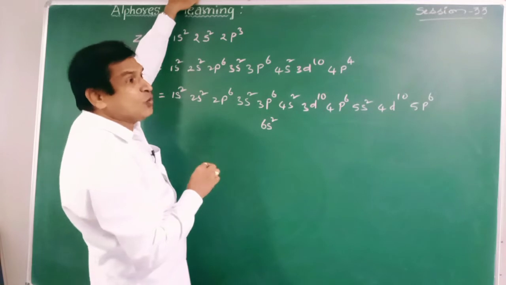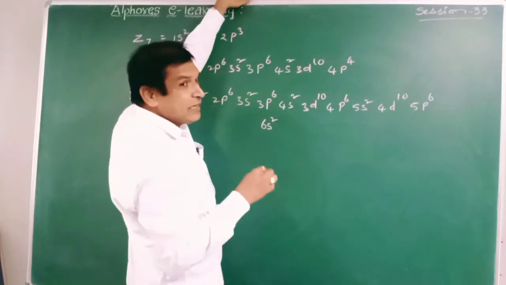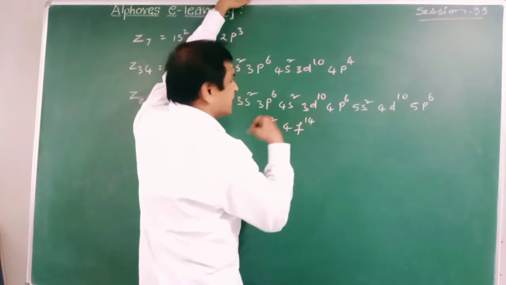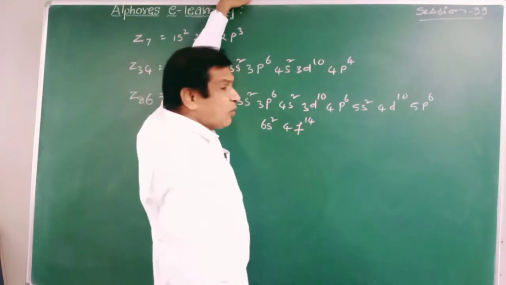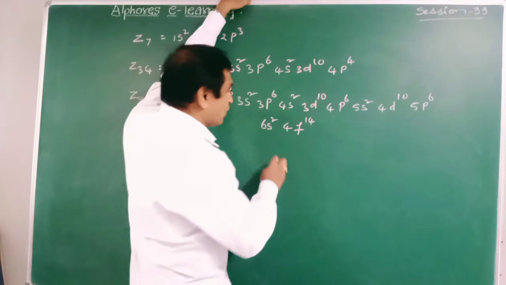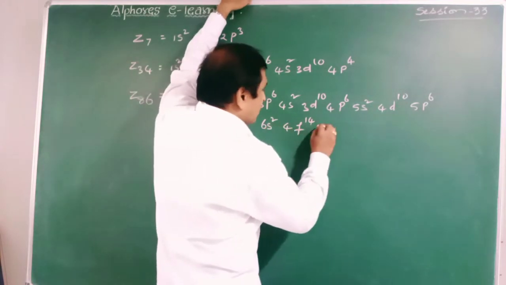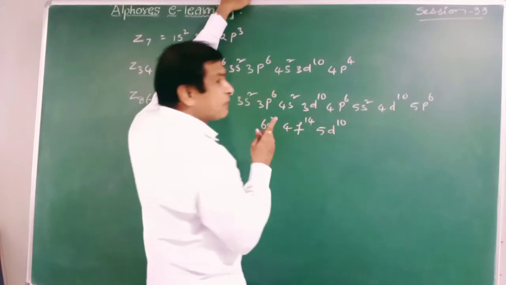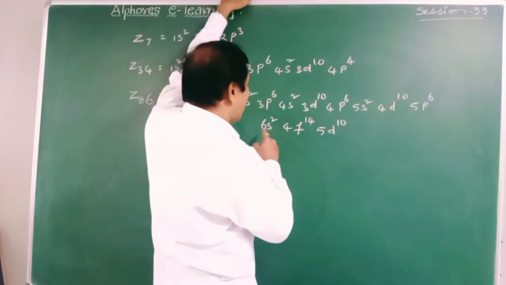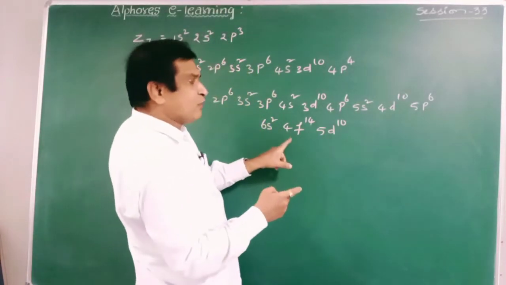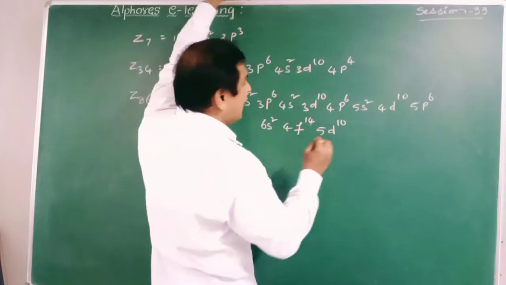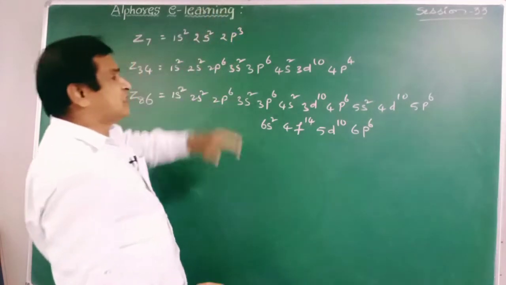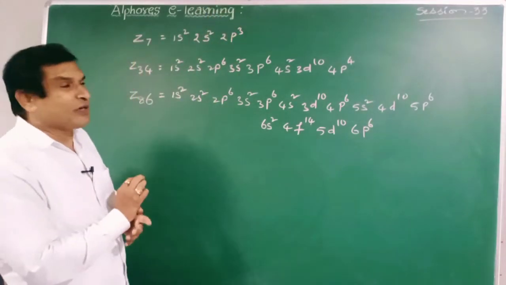After 6s2, the next orbital is 4f, 4f14, because the f orbital can accommodate a maximum of 14 electrons. Then 5d10, as per the Aufbau diagram, and 6p6.